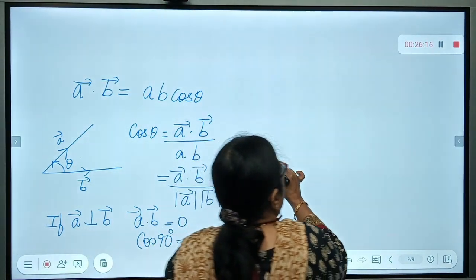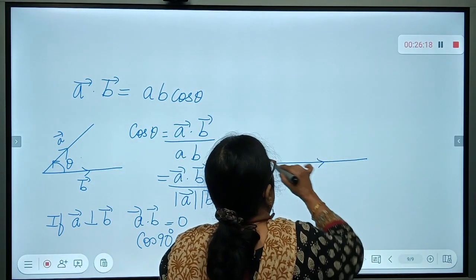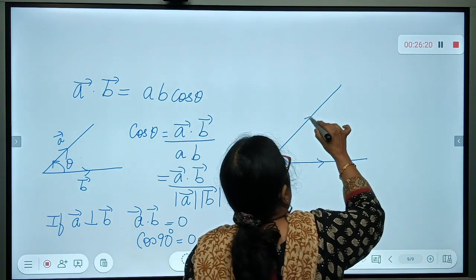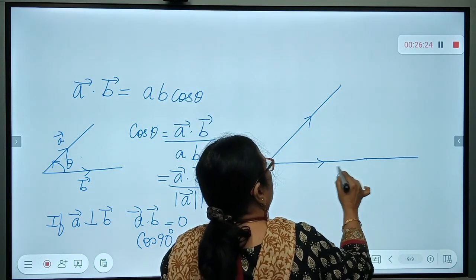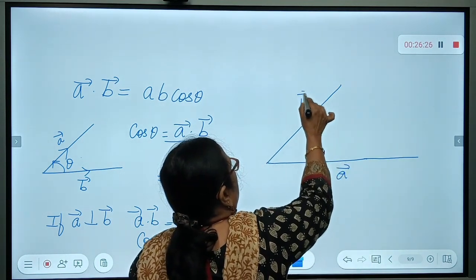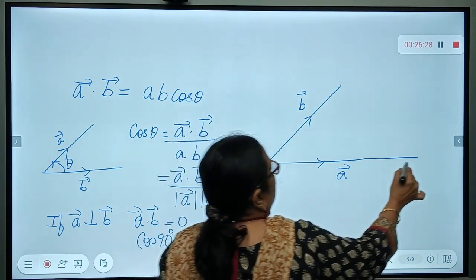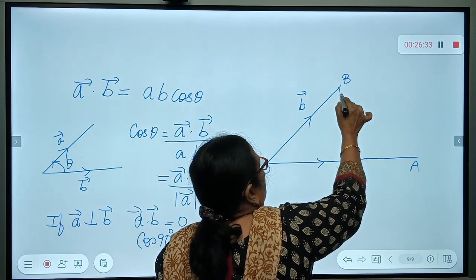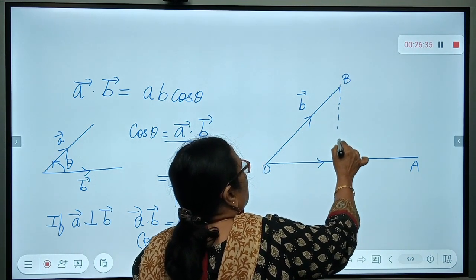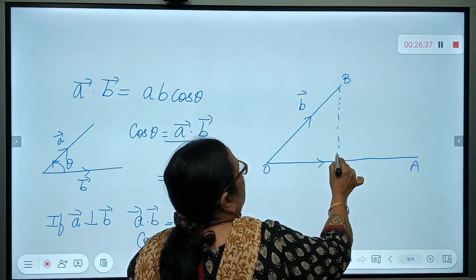I want you to recall this so that you can understand the geometrical meaning of dot product. So suppose I have two vectors. Let this be A vector and this is B vector. Let me draw a perpendicular from B to OA.